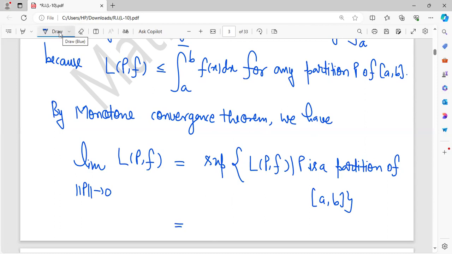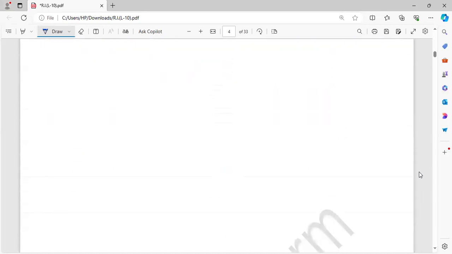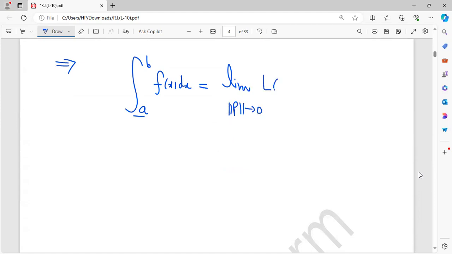So this implies the lower integral is equal to the limit as norm of P tends to 0 of L(P, f).